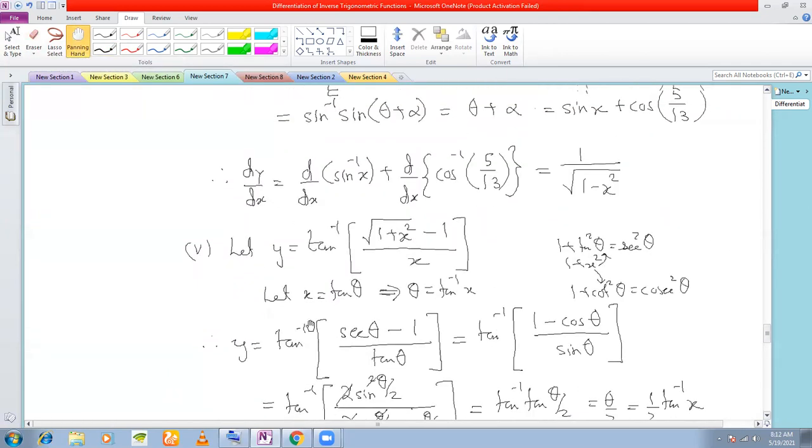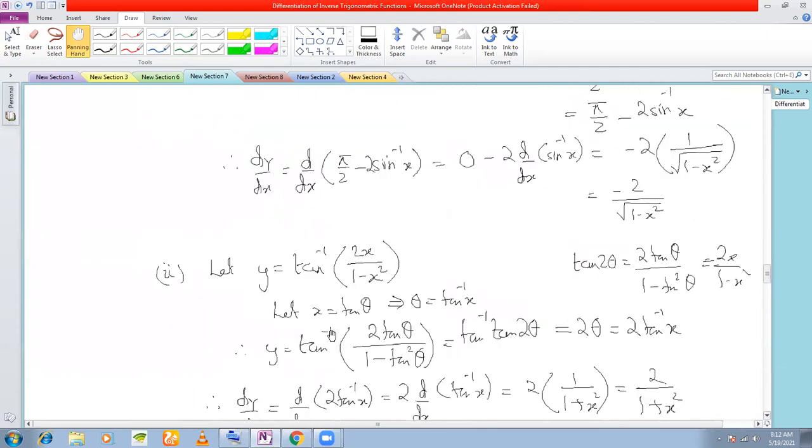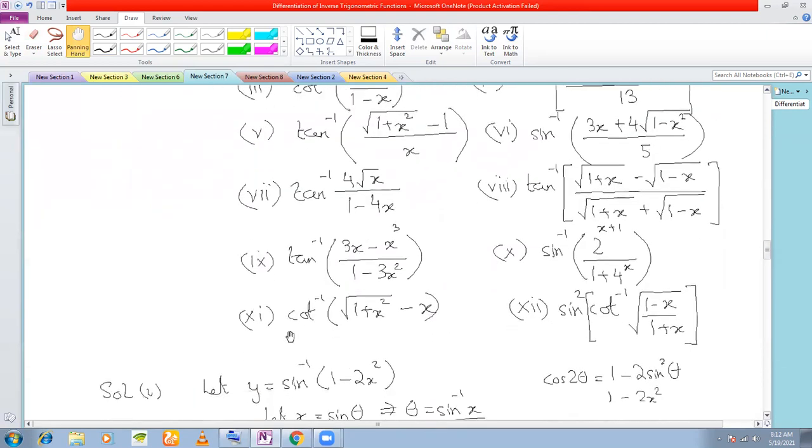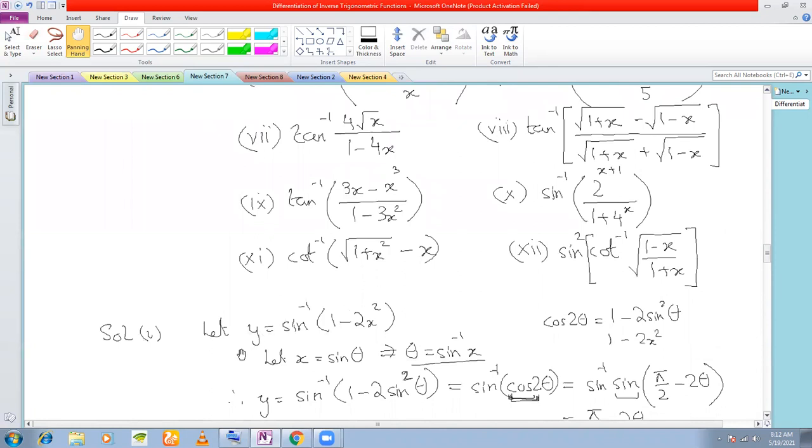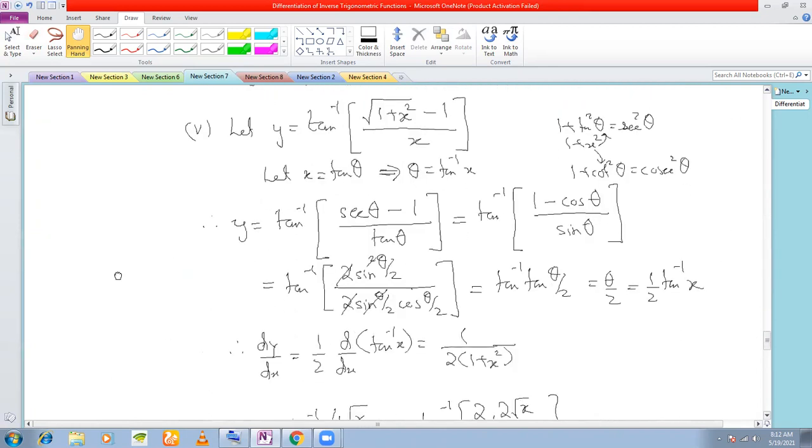We start with the next one, which is your ninth one. Tan inverse of 3x minus x cube by 1 minus 3x square.